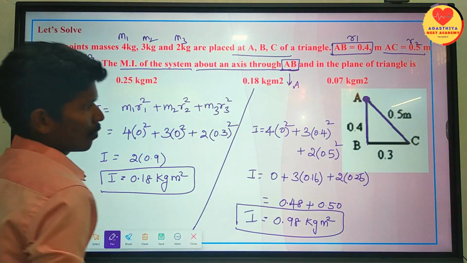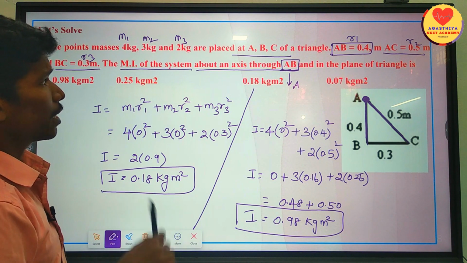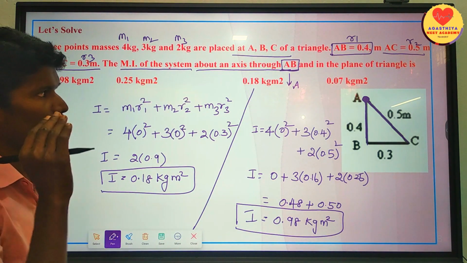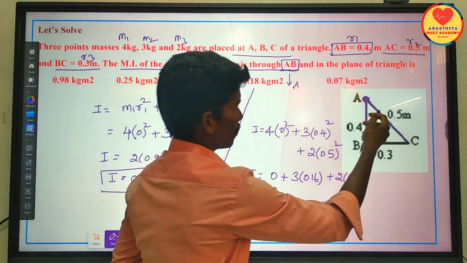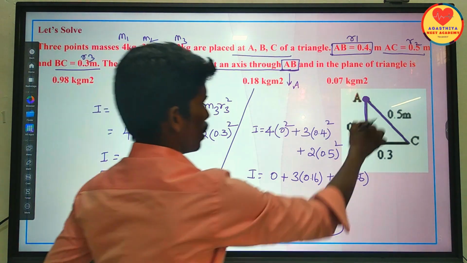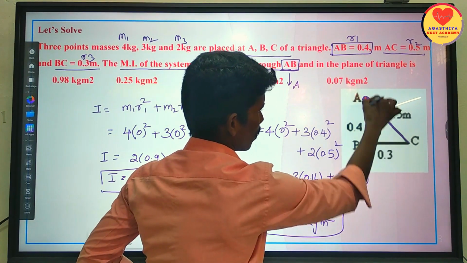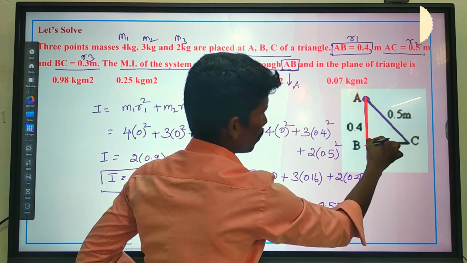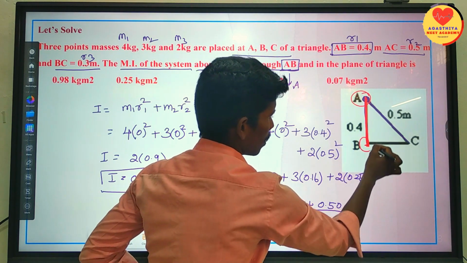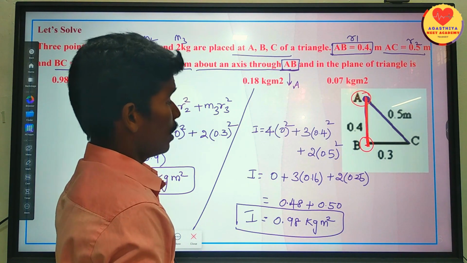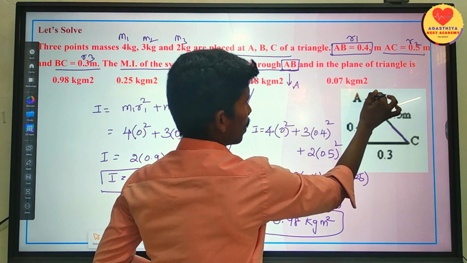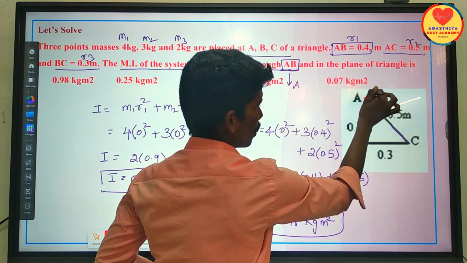Okay, that is how you think about it. First case, moment of inertia passing through AB. This is the axis. There is no perpendicular distance for these two masses. In the second case, the axis is passing through A only.